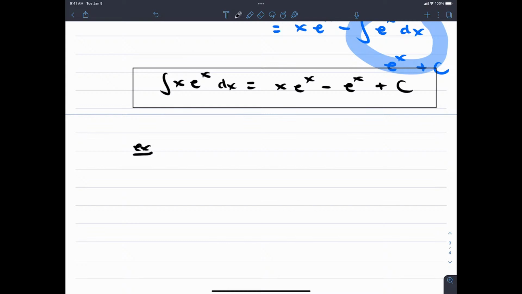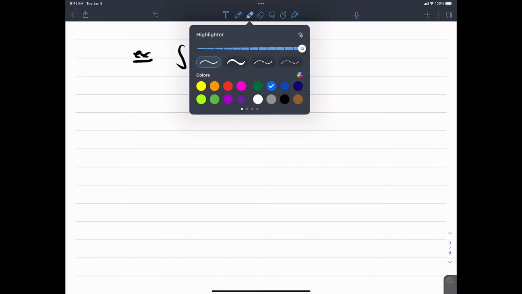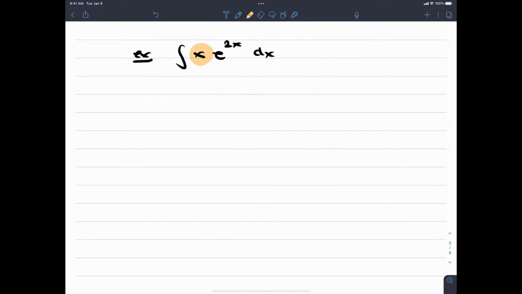Okay? So just to give you guys another very simple example, and you say, what if they gave me this question here, right? This is very much like the other one. Very easily. Do you guys see a product of two functions?